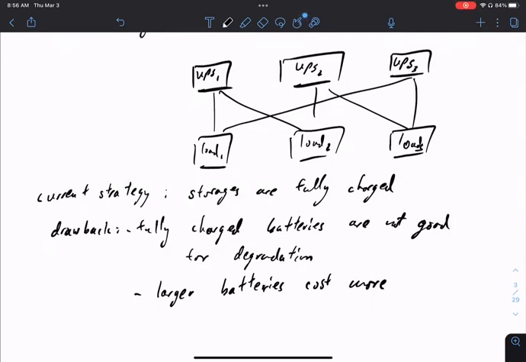So I still need to make sure this is N+1 redundant, but not at full power. I can dynamically size the amount of charge in each battery, do rebalancing across the batteries, and look at the load I have. As long as I make sure I'm secure, it's okay. I don't need to always size for the worst case scenario.